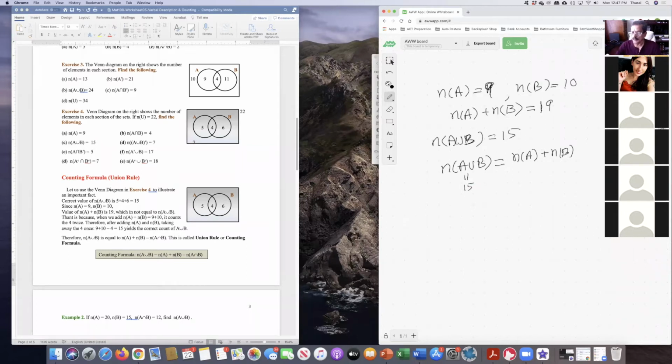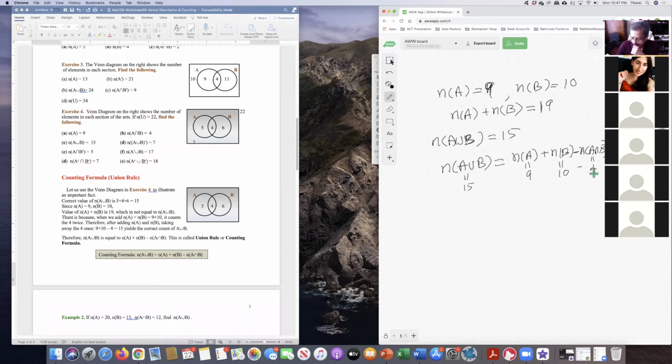So we will just subtract the count of the intersection, then the count will be right. Now A has 9, B has 10, and subtracting 4 gives you 15. 10 plus 9 minus 4 is 15. So because the intersection is added twice, you subtract it once.